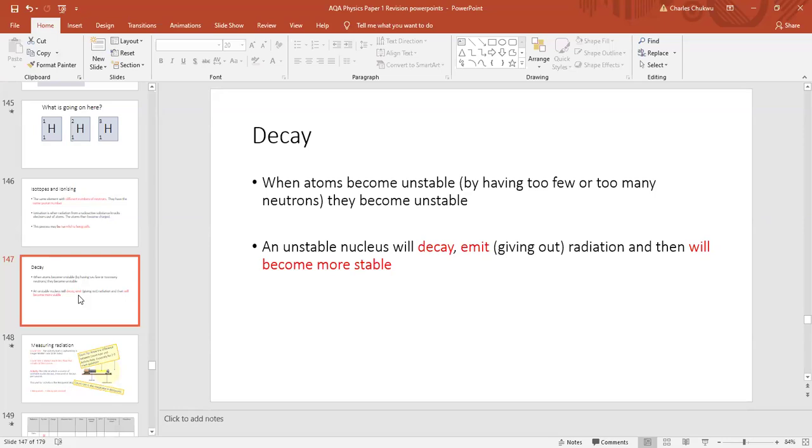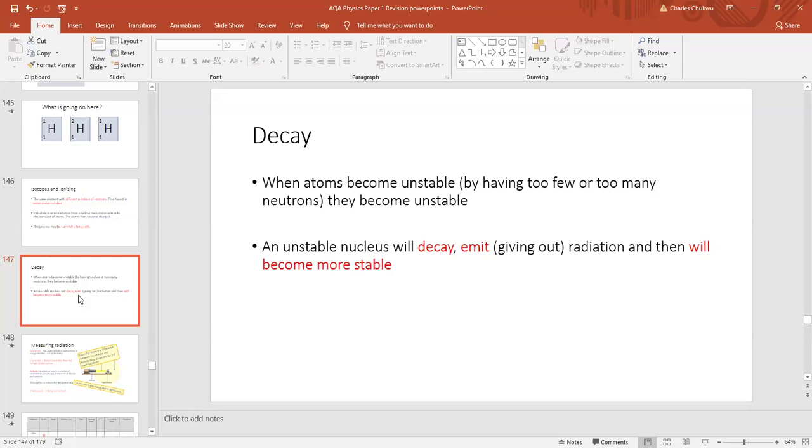It's the process where radioactive atoms become unstable by having too few or too many neutrons. When they become unstable, the nucleus decays and emits radiation until they become more stable.